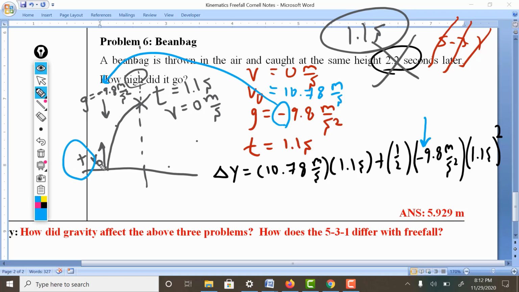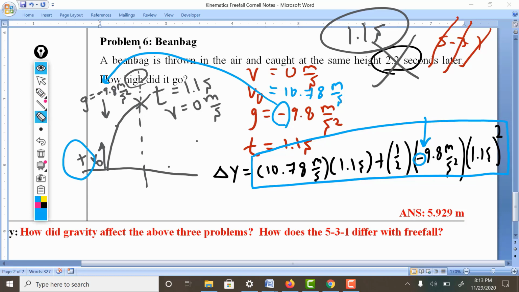So we said up is positive, down is negative, and therefore this negative has to be in place right here. Otherwise, you'll get a very bad answer. Do your best once again to please put this in a calculator in one step, not multiple steps. I've been grading some assignments, and there are errors because some of you are going in steps and things are getting rounded along the way. You should get 5.929 meters.